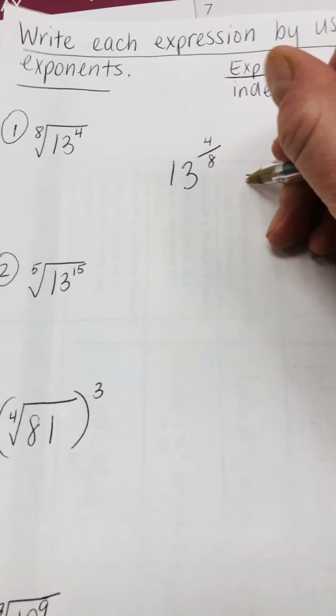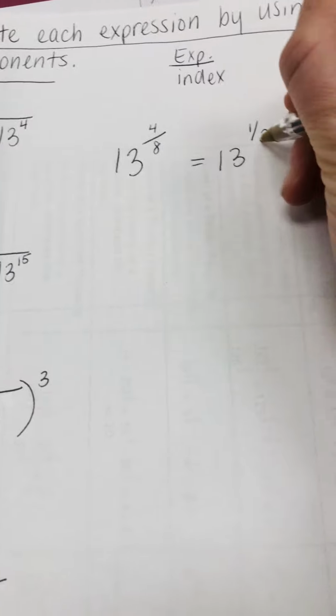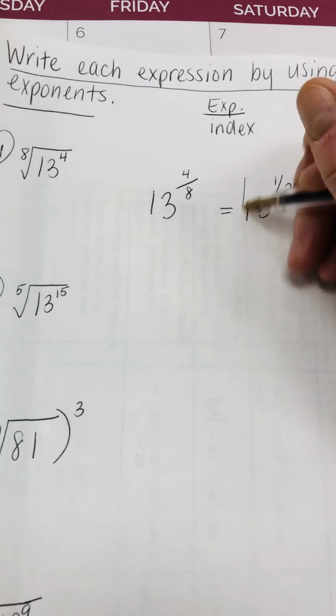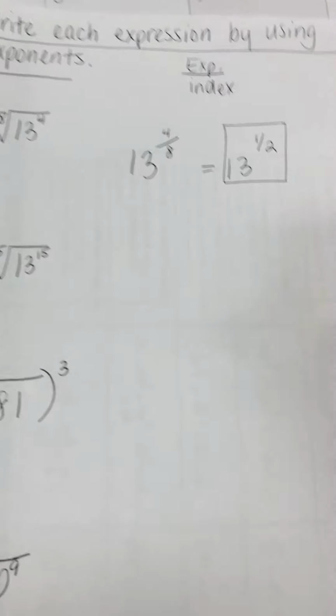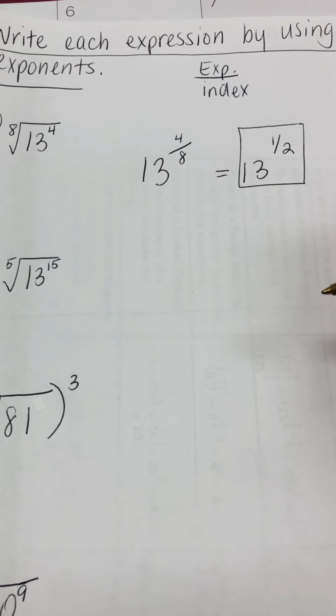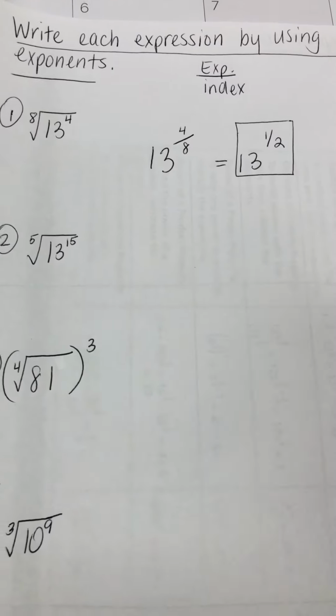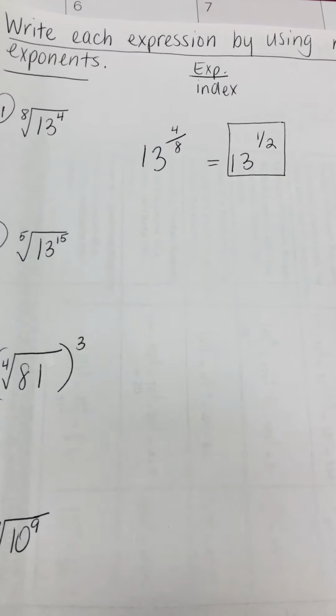So 4/8 simplifies to 1/2, right? So it's 13 to the 1/2, okay? Which is also equivalent to the square root of 13. But right now we're writing it as rational exponents, so you should have your answer in an exponent form, okay?